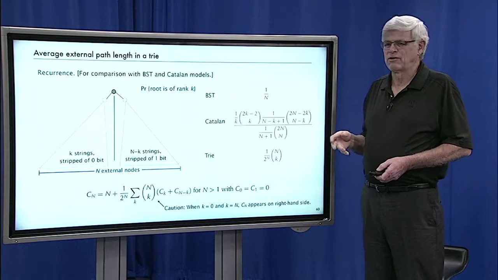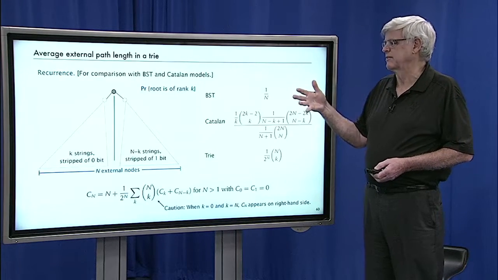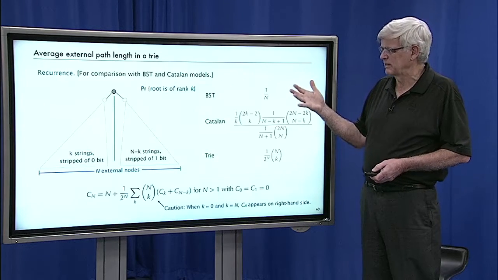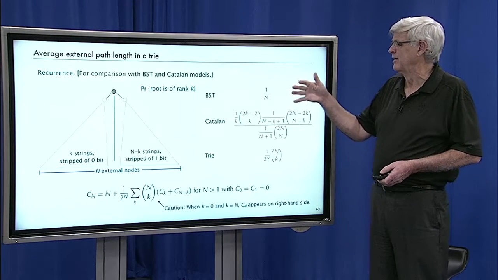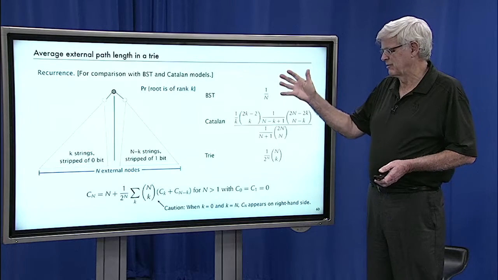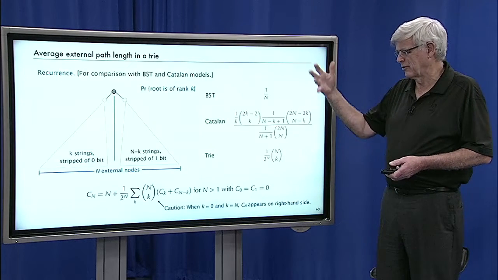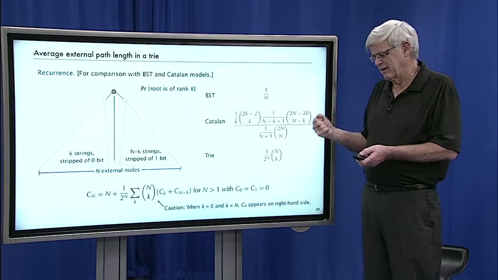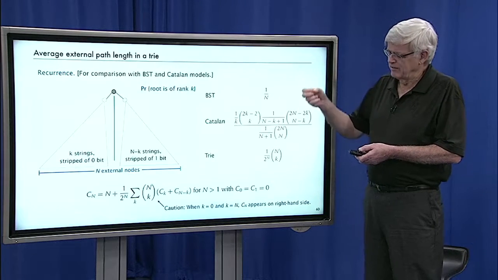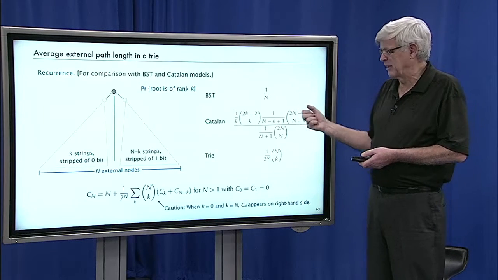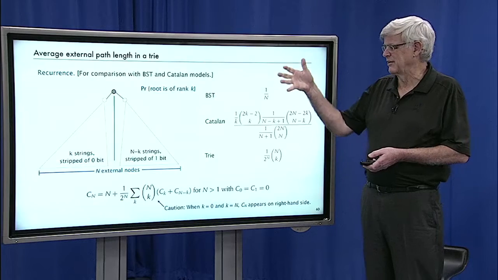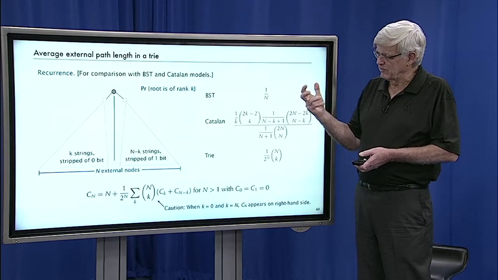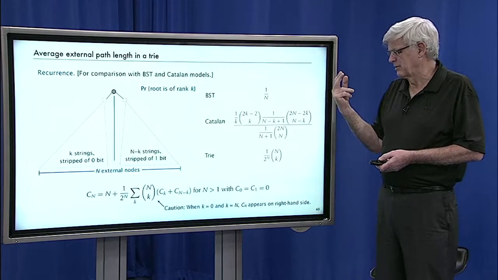So the starting point, if you think back to the analysis that we did for binary search trees, is very similar. That is, we have a trie of size n. There's k on the left and n minus k on the right for some value of k. The difference is, two differences.